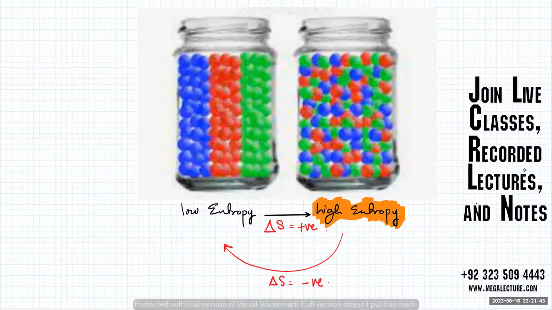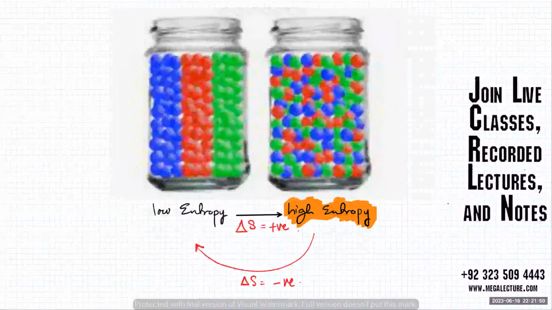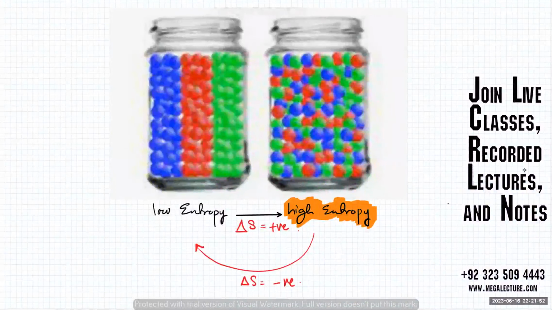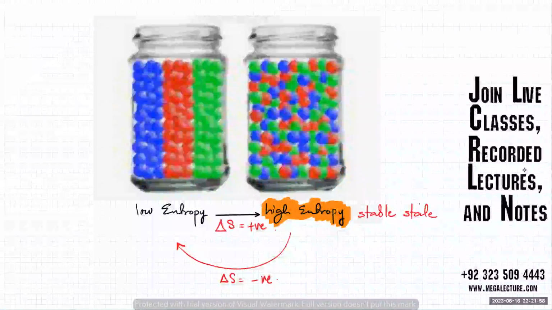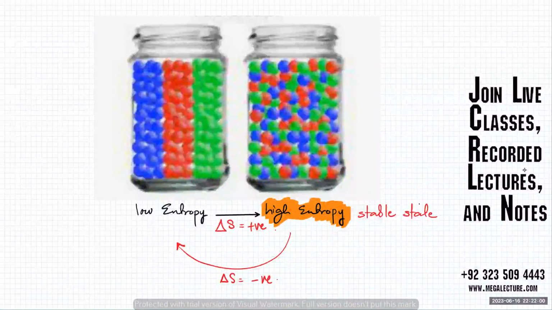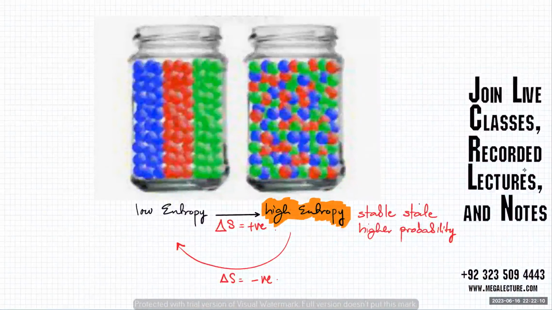Having your marbles arranged in that way has a lower probability. So we're more interested in this state. This is the stable state. This one has a higher probability to exist, and it's also referred to as your low energy state.